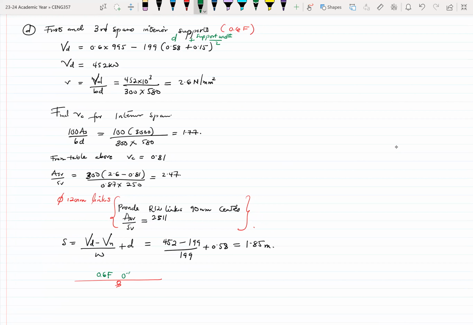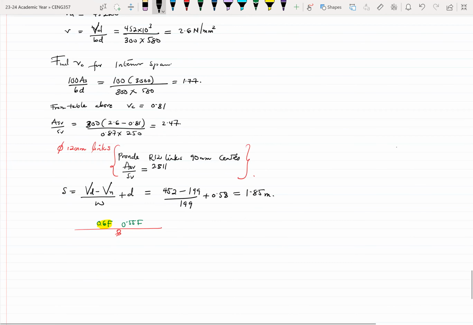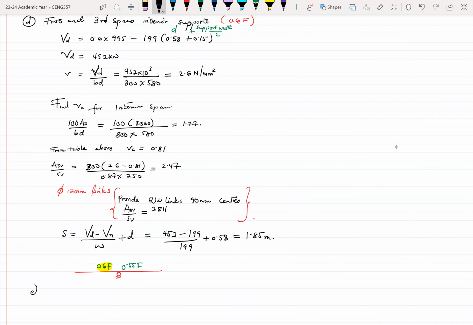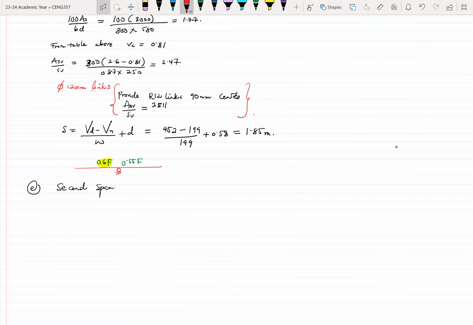Then on this face is 0.55 F. So far all our calculations were dealing with the face with a 0.6 F. So the next one is the same thing we're going to do, but this time around we are dealing with the face toward the 0.55. So let me say maybe the second span, where our F is 0.55.